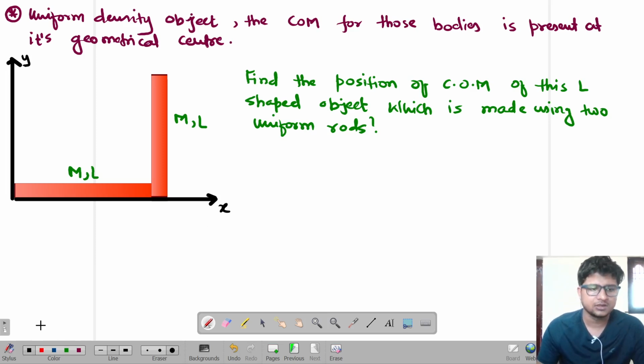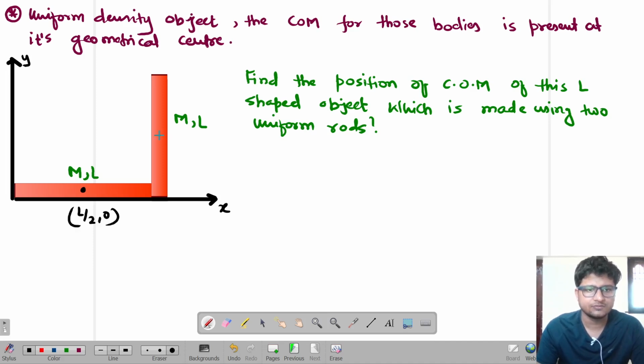See, for these kind of geometrical objects, we will find the effective center of mass. If this is a rod of mass m and length l, the center of mass will be at exactly L by 2 comma 0.